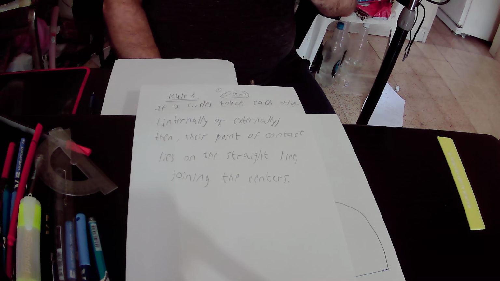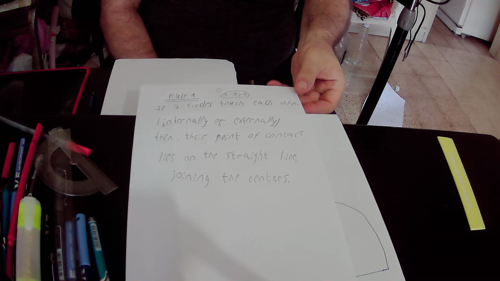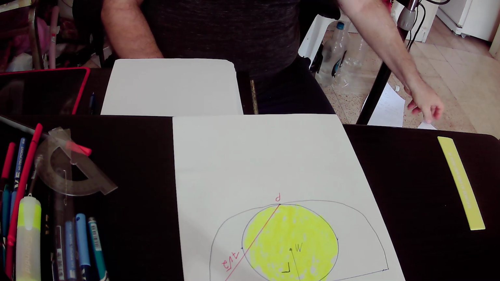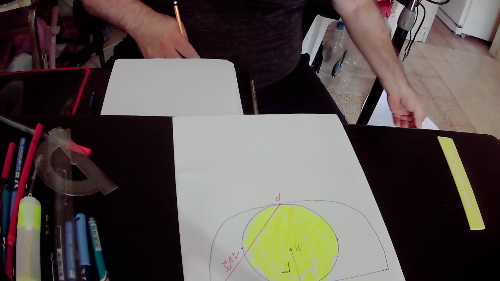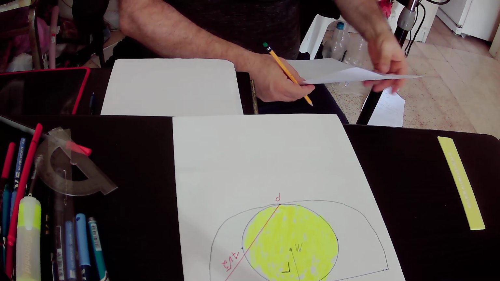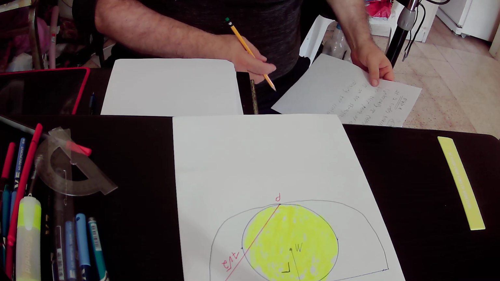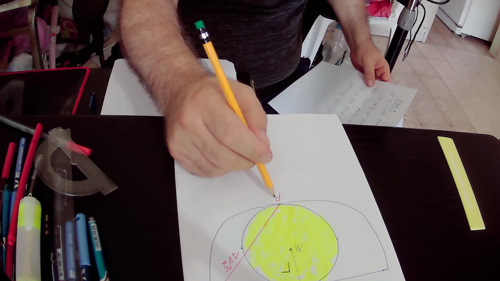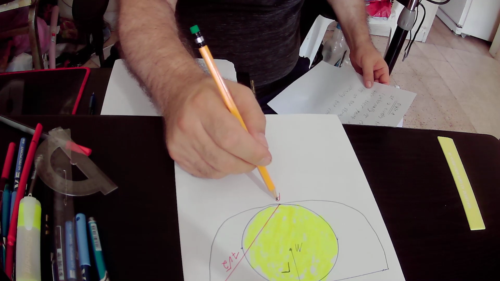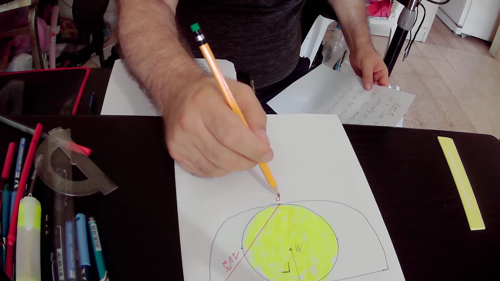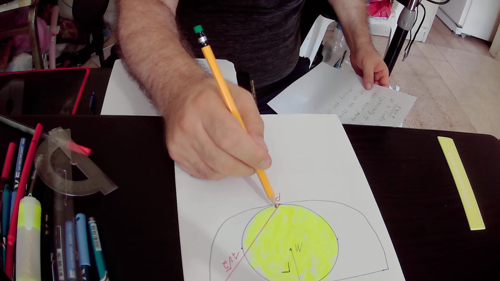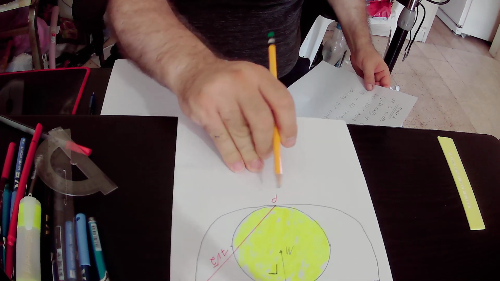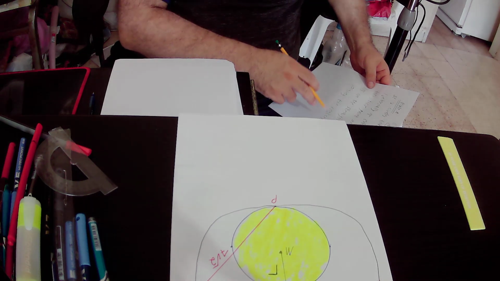Okay, now I will explain rule number 1. Rule number 1 states that if two circles touch each other internally or externally, then their point of contact lies on the straight line joining the centers.